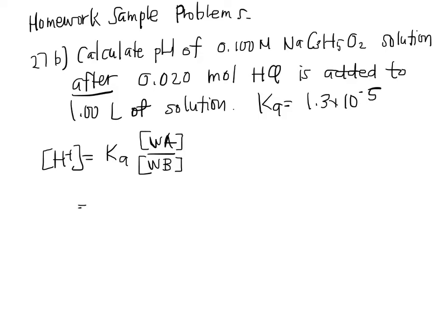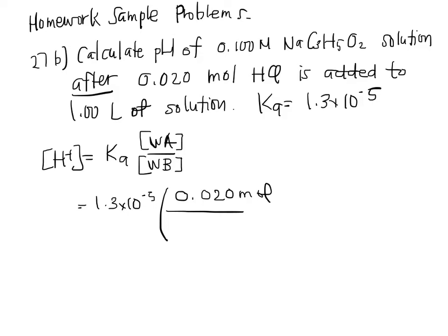I'm going to have my 1.3 times 10 to the negative 5, or my Ka, times the moles of weak acid. The only moles of weak acid that we have in the solution at this point is just the 0.02 moles. That's the only acid that we have in there.